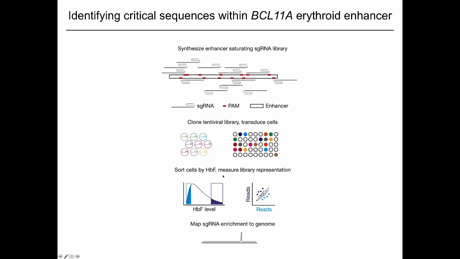And then we're able to culture the cells, stain them for fetal hemoglobin level, and then by flow cytometry, physically sort out cells with high or low fetal hemoglobin level, isolate the genomic DNA from those cells, amplify the guide RNAs from the lentiviral integrants, perform deep sequencing to measure the representation of individual guide RNAs, and then map those guides back to the genome to produce a functional enhancer map.